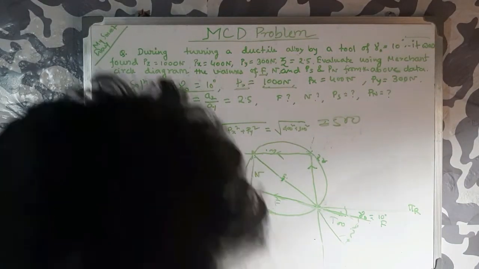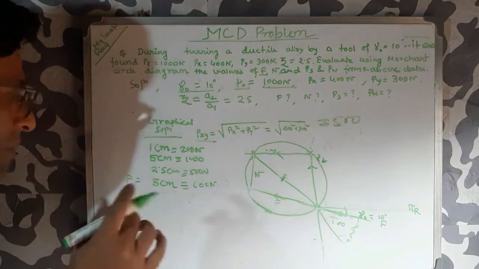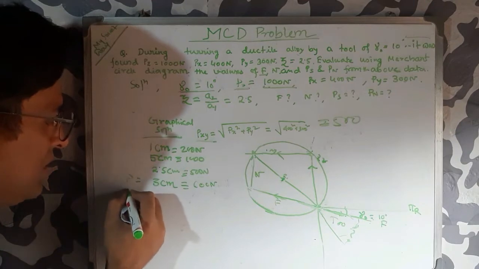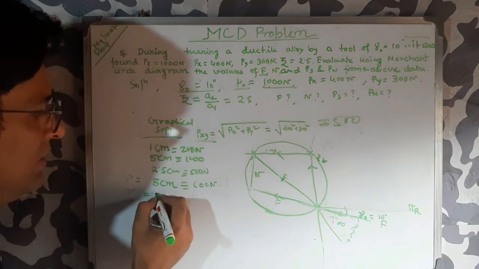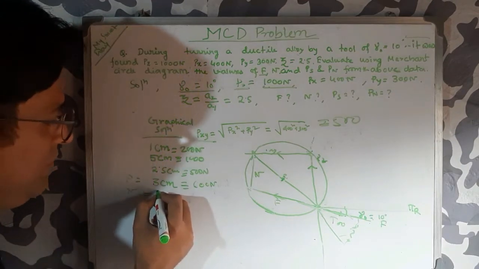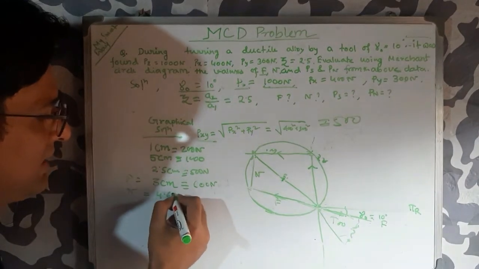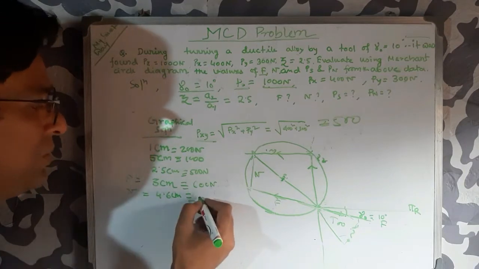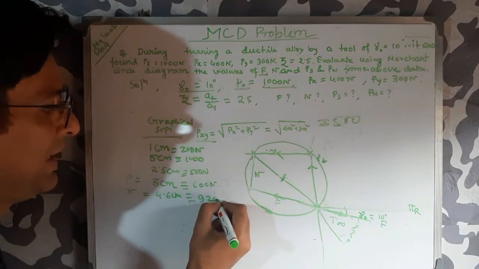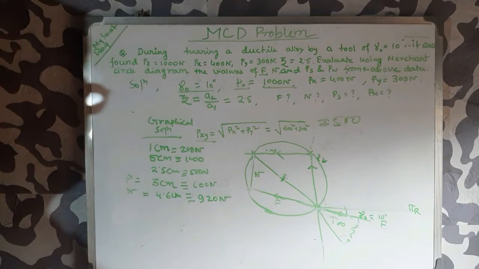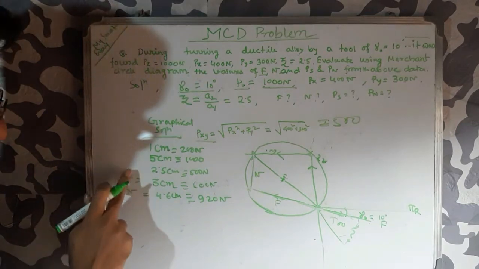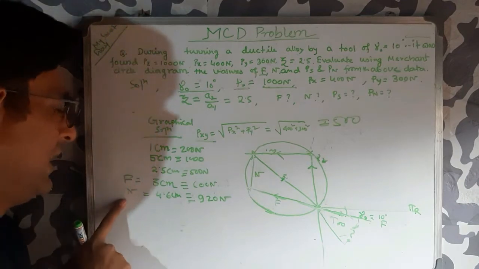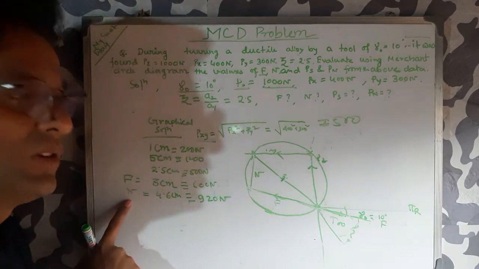Suppose the actual value comes out this way, 4.6 centimeter, equivalent to 920 Newton. So you got the value of F as well as N. F is the frictional force, N is the normal force.